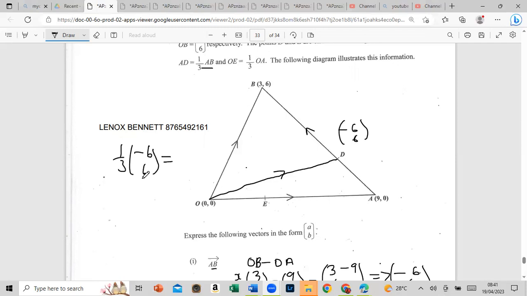So we divide both of them by 3: negative 6 divided by 3 and positive 6 divided by 3, which gives us (negative 2, 2). So that is this little piece right here.